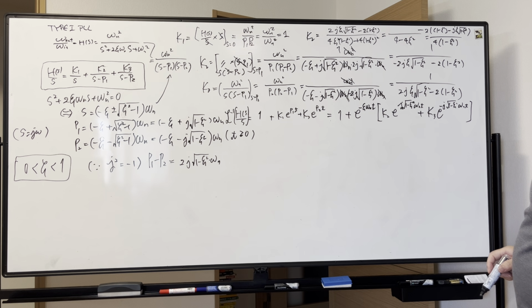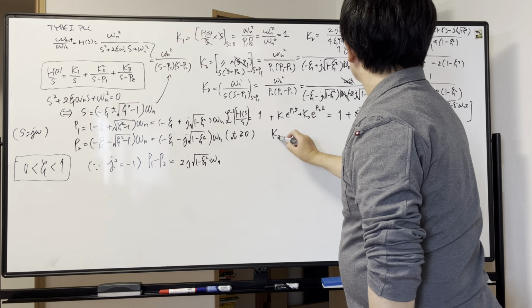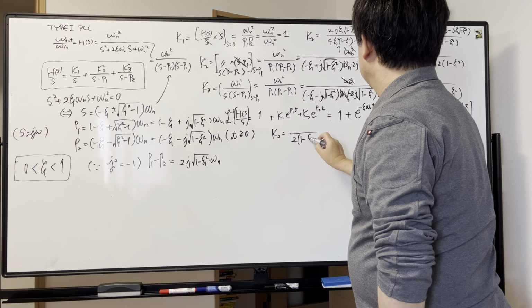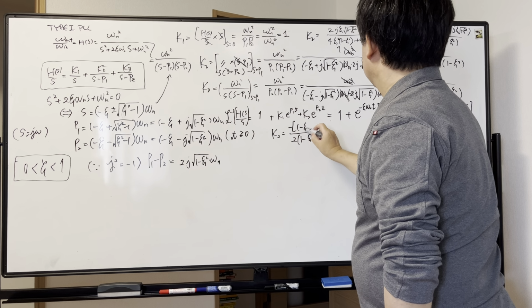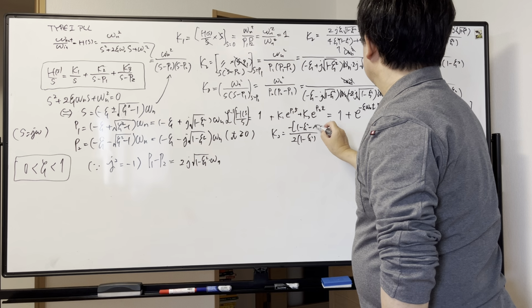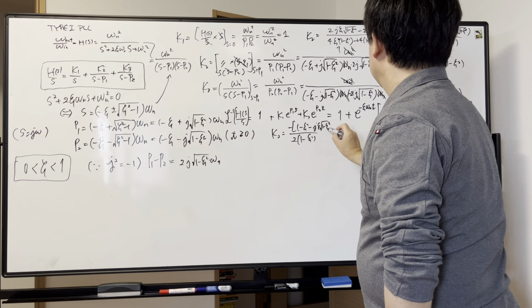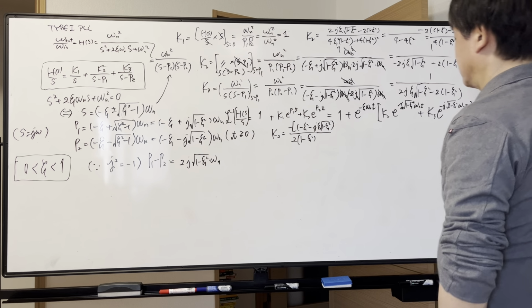And likewise, k sub 2 equals 2 times 1 minus zeta square minus 1 minus zeta square minus j zeta square root of 1 minus zeta squared. This is k1.